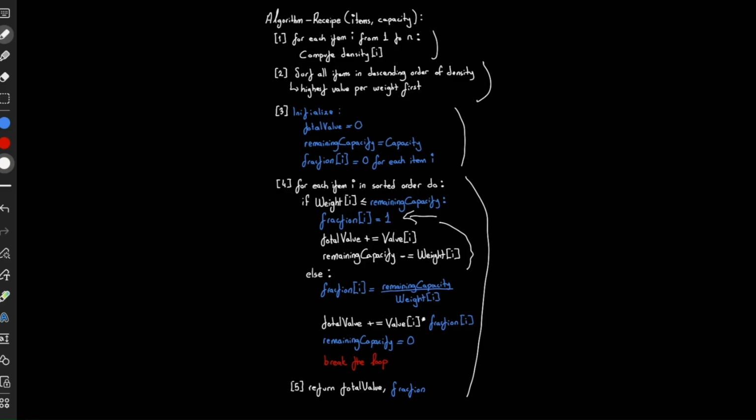However, if that item's weight is greater than the remaining capacity, that means that we can only take the fraction of it. We are calculating the required fraction, and again, we are updating the total value and the remaining capacity, and now that the knapsack is full, we are breaking the loop in order to get out of the for loop. And finally, we are returning our total value as well as the fraction array.